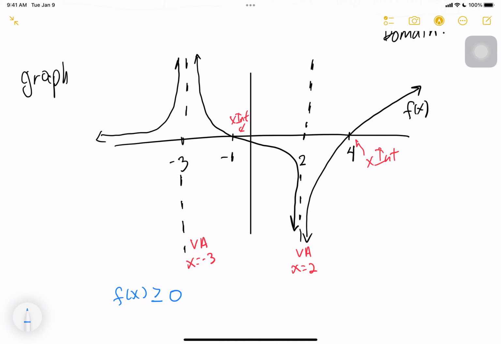Two things to note. Whenever we have less than or equal to, we have to use square brackets. Except at infinities and at vertical asymptotes.